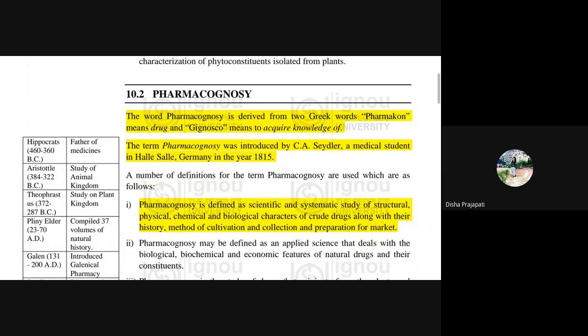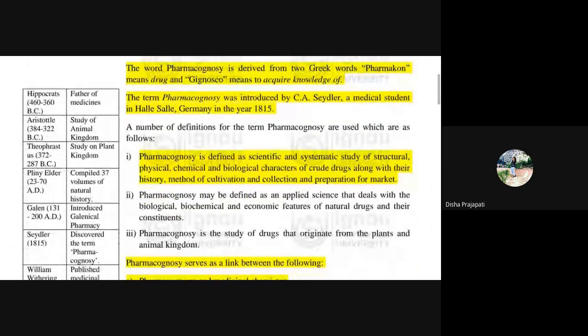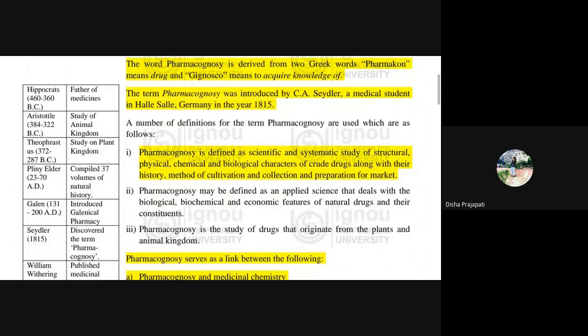Pharmacognosy is defined as the scientific and systematic study of structural, physical, chemical, and biological characters of drugs along with their history, method of cultivation, and collection and preparation for market. Pharmacognosy may be defined as an applied science that deals with biological, biochemical, and economic features of natural drugs and their constituents. Pharmacognosy is the study of drugs that originate from the plant and animal kingdom.